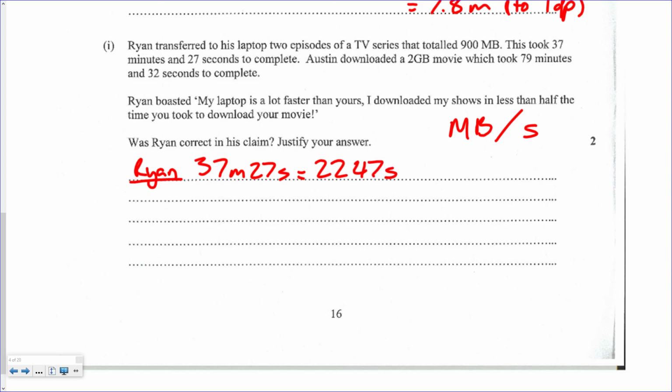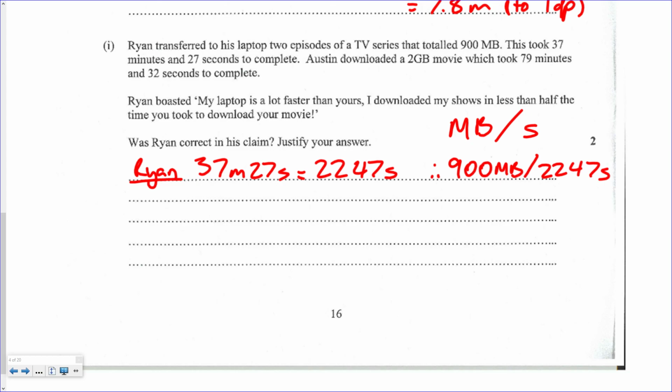So therefore, he's downloaded 900 megabytes in 2,247 seconds. But we want to make that a rate per 1 second, because the whole point is we want to find the megabytes per 1 second, because it's going to be easier to compare.